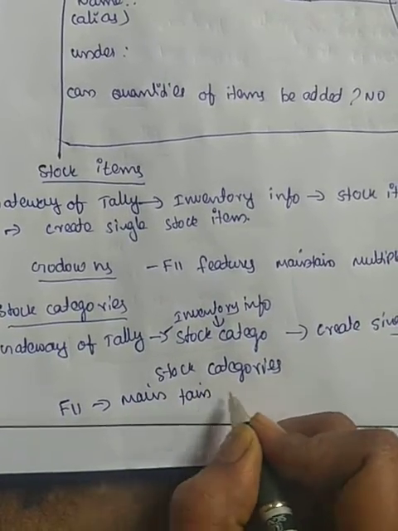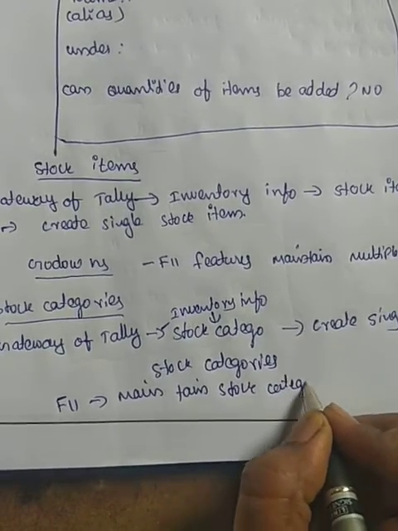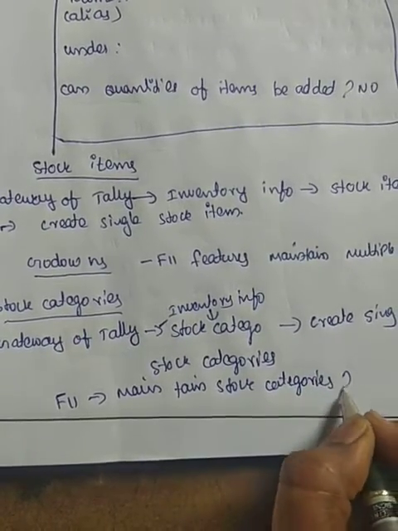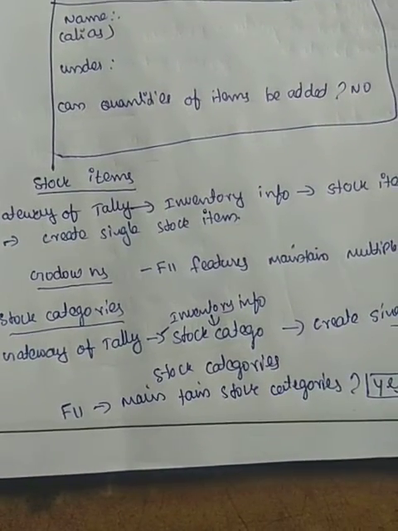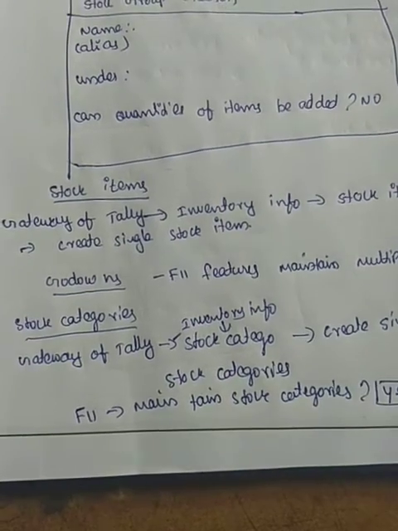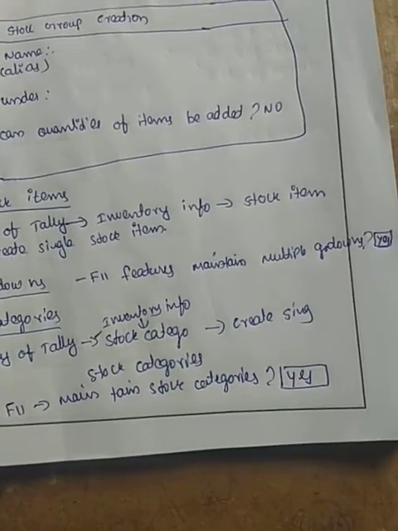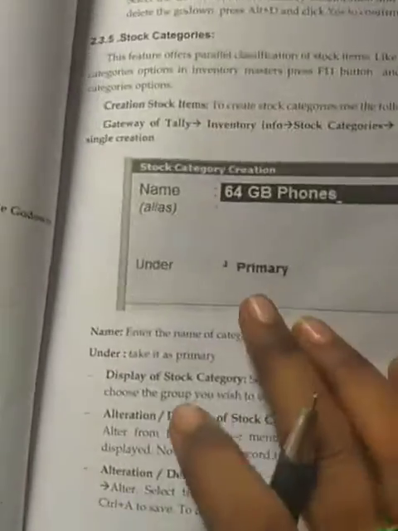Maintain stock categories, give the yes option. So the stock categories option will be displayed in the inventory info menu.